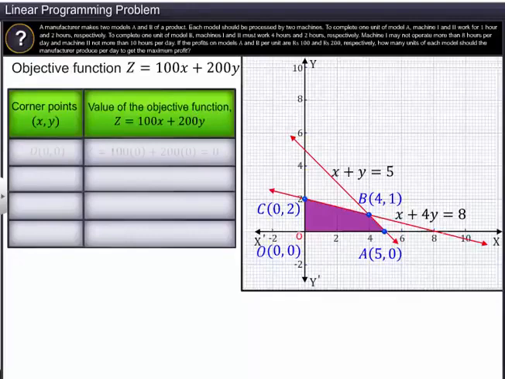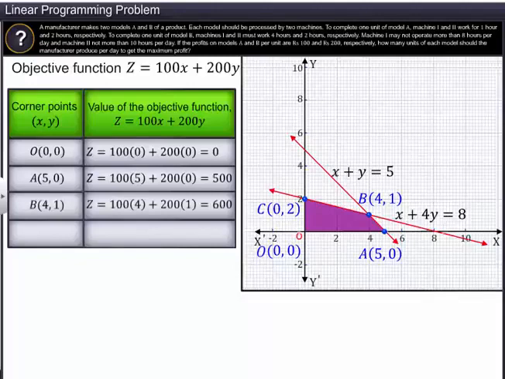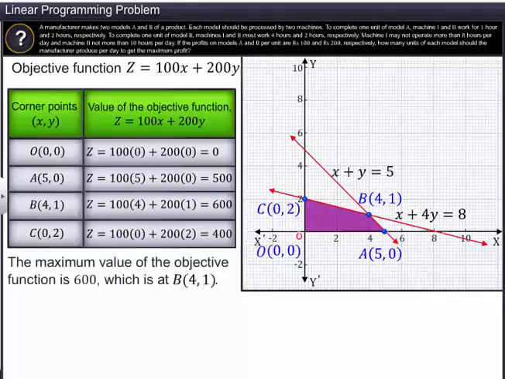The value of the objective function is 0 at the origin, 500 at A(5, 0), 600 at B(4, 1), and 400 at C(0, 2). The maximum value of the objective function is 600, which occurs at B(4, 1). Hence, 4 units of model A and 1 unit of model B should be made so that the profit is maximum.